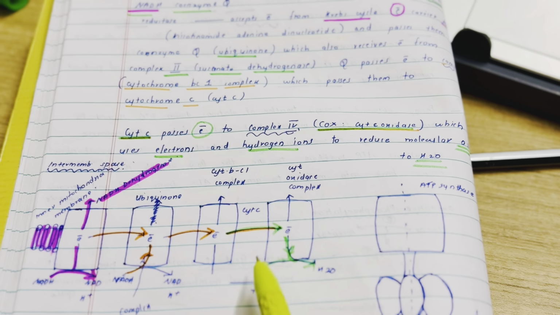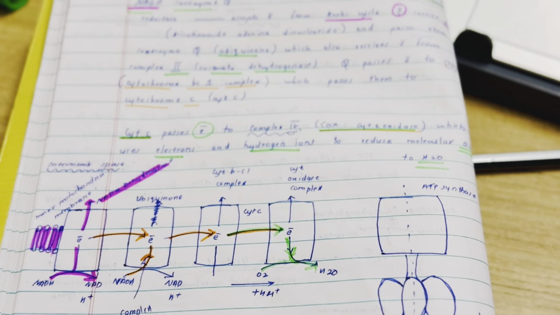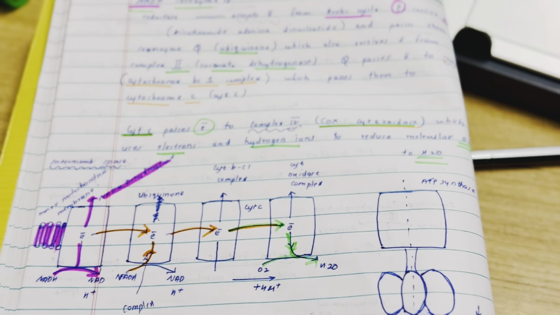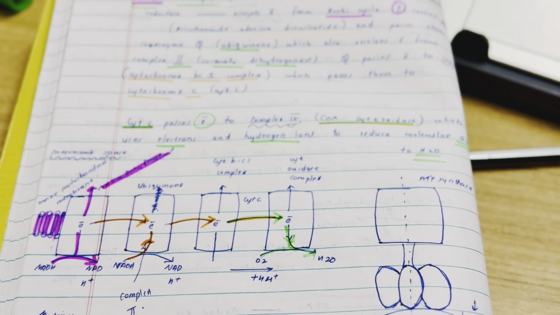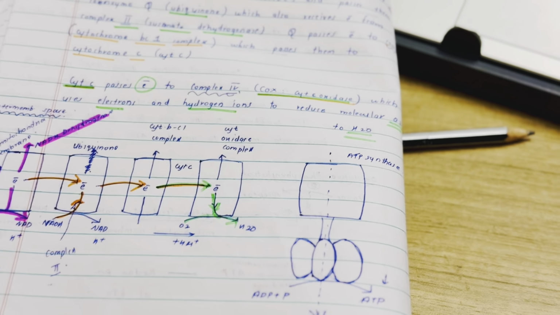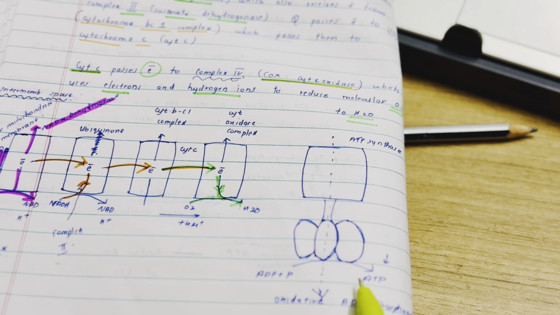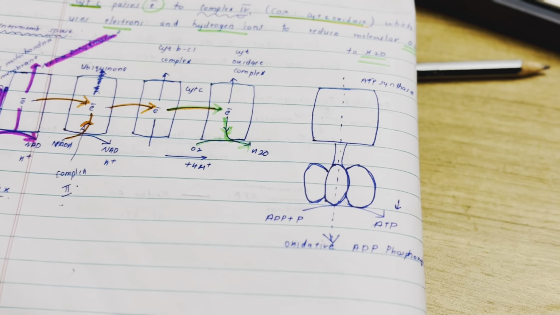With the electrons, oxygen and protons, water is released. So this is the basic mechanism of the whole mitochondrial electron transport. Also, ATP synthase converts ADP to ATP using oxidative phosphorylation.